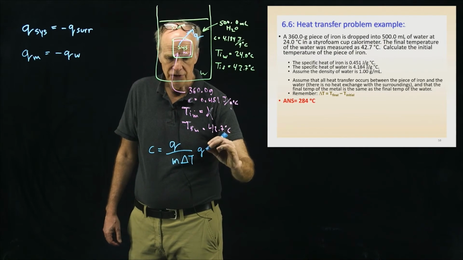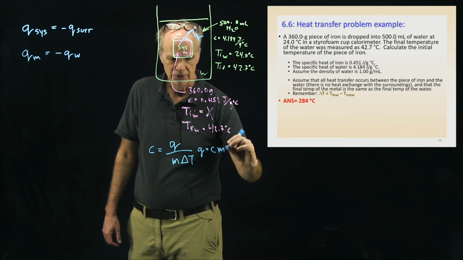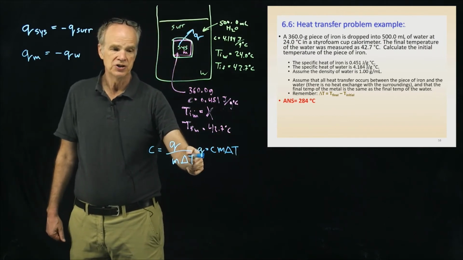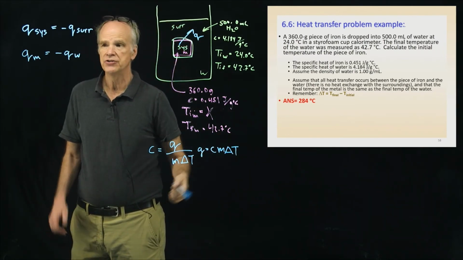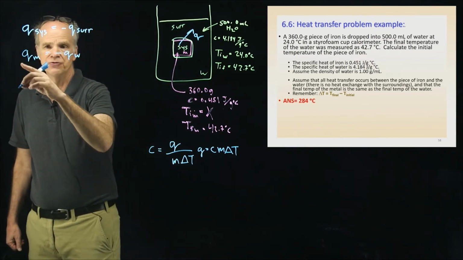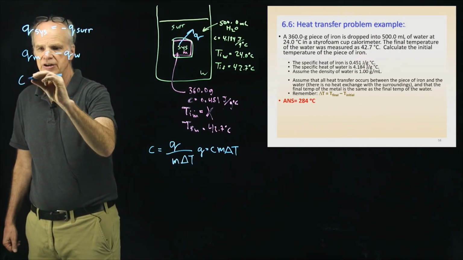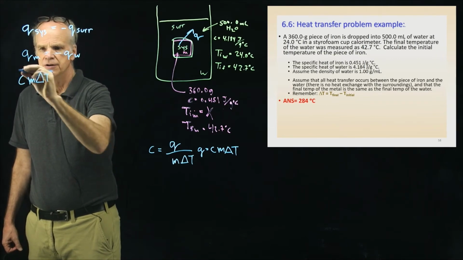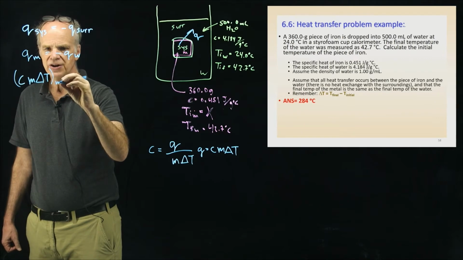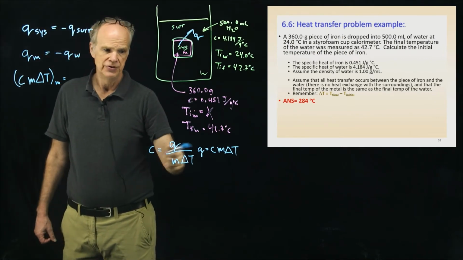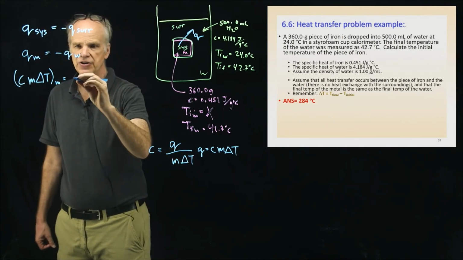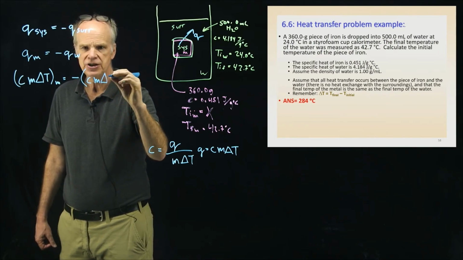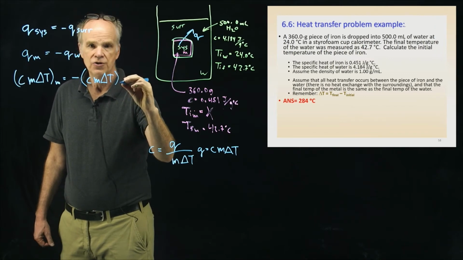Q is equal to C times M times delta T. So now we can substitute for Q, C times M times delta T. So for Q, we have C times M times delta T, and this will be for the metal. And then we substitute that for the water side. So it's negative C times M times delta T for the water.